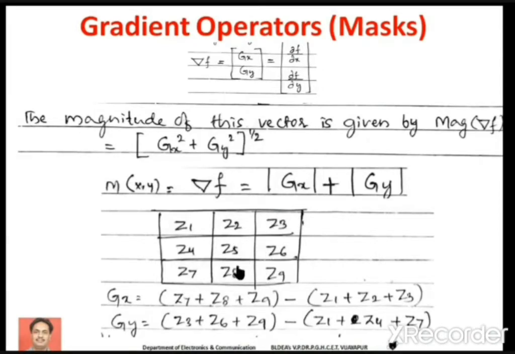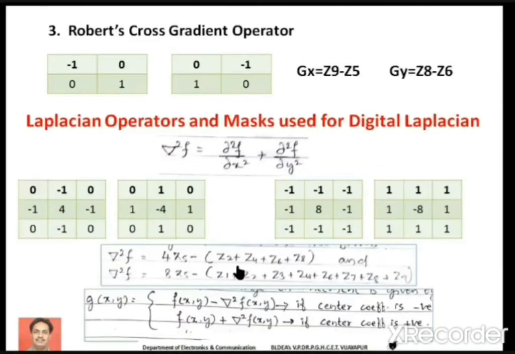Accordingly, gx will become Z9 minus Z5, and gy will become Z8 minus Z6.